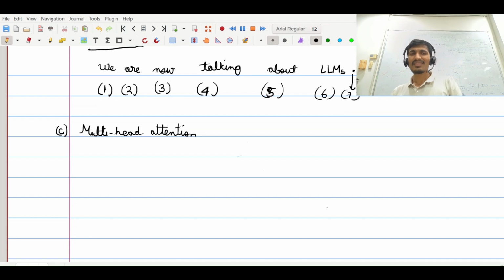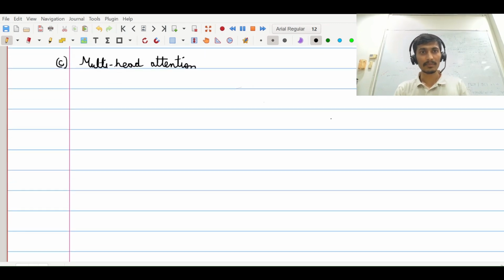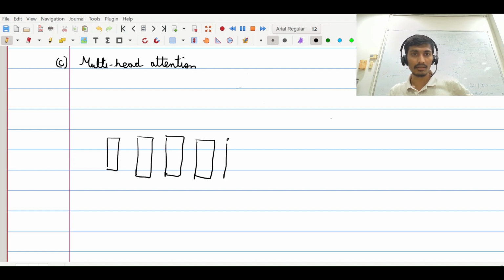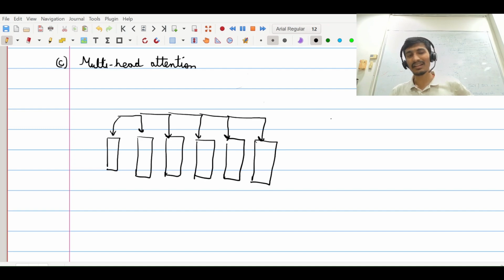So the idea is, let's create more space. If there are different inputs, attend to all of them with different weights.